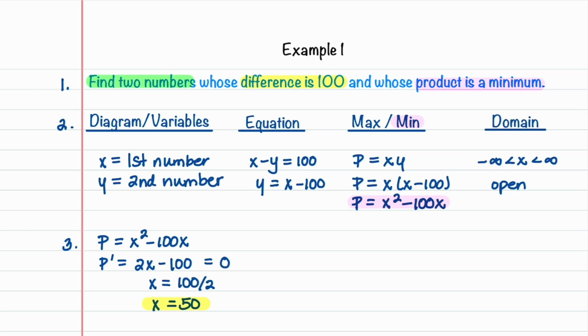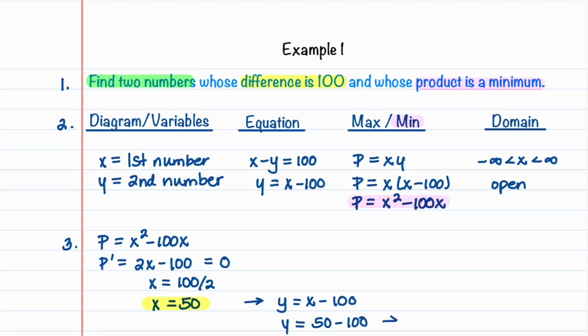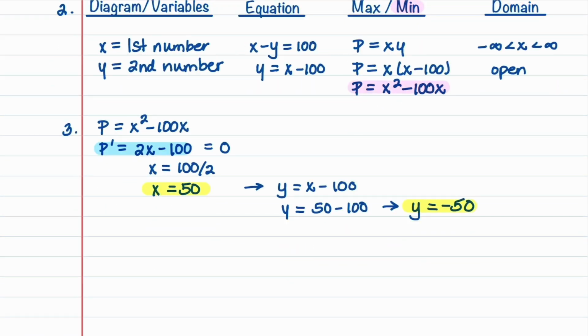Now we can go ahead and find y. Y is equal to x minus 100, so y is equal to 50 minus 100, which gives us that y is equal to minus 50. And let's highlight that. Now that we know x and y, let's find our minimum value.